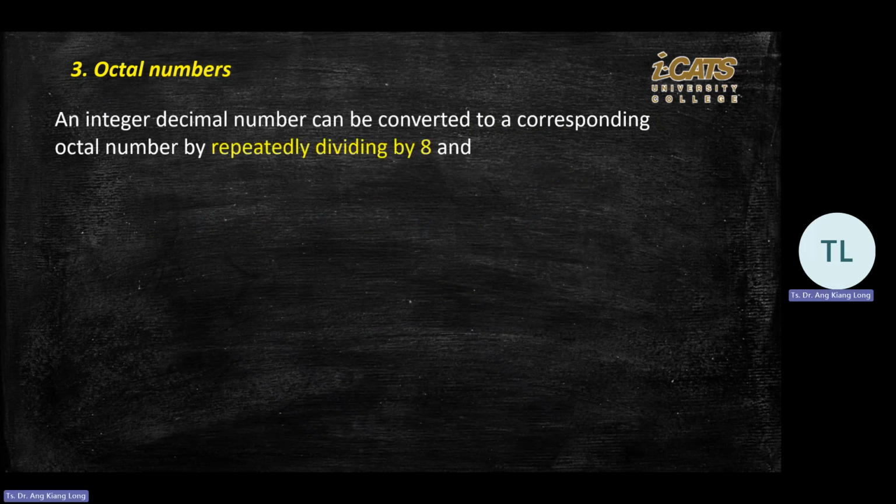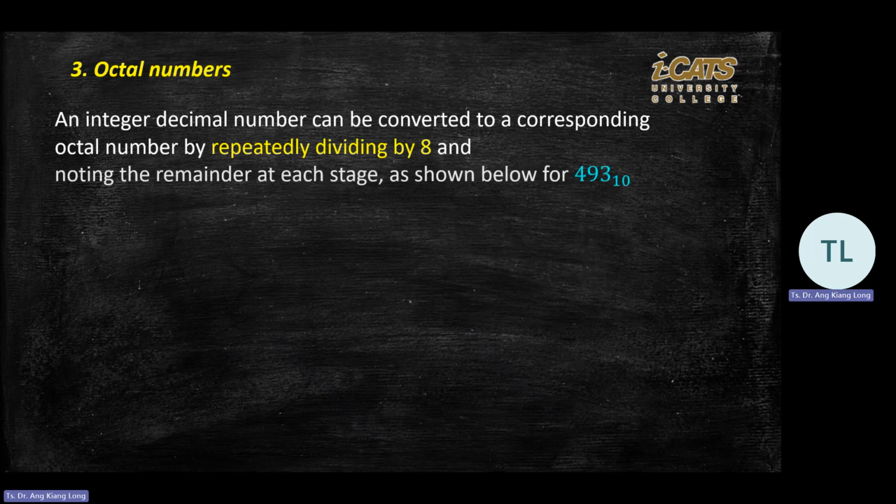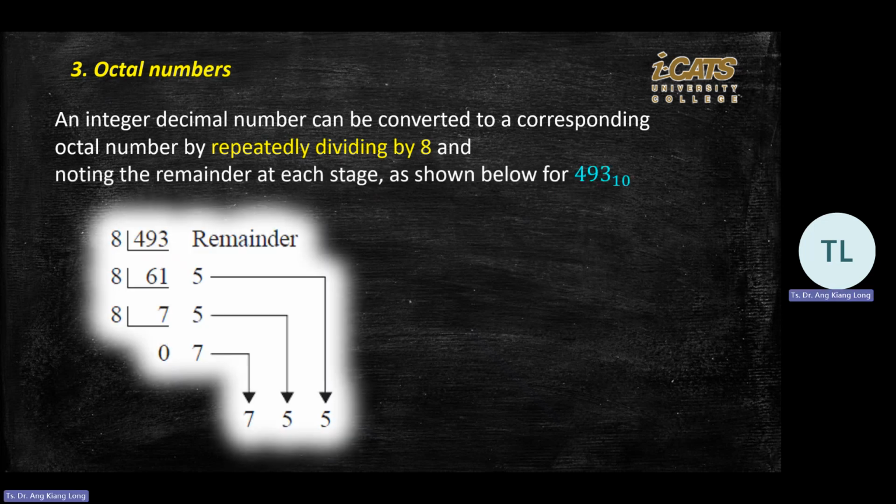So what happens if you want to convert a decimal number, base 10, into base 8? Same as converting a base 10 number to binary, you divide. So here also the same. Something like this. 493 divided by 8, you get 61, balance 5.